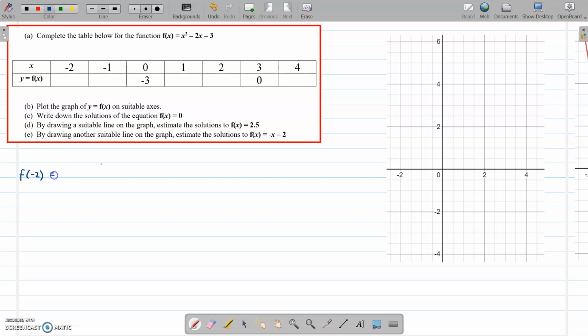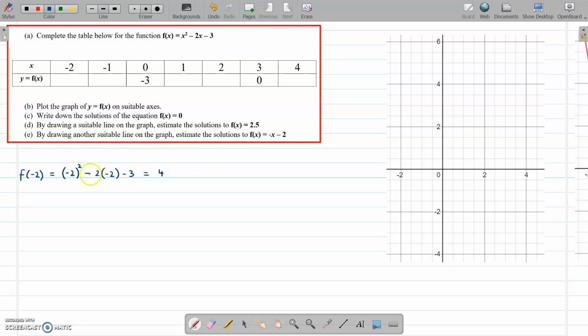So f of minus 2 is simply going to be minus 2 squared. Notice we must square the whole thing, including the negative. Minus 2 lots of minus 2, take away 3. Now, if we work that out, minus 2 squared is minus 2 times minus 2, which is plus 4.